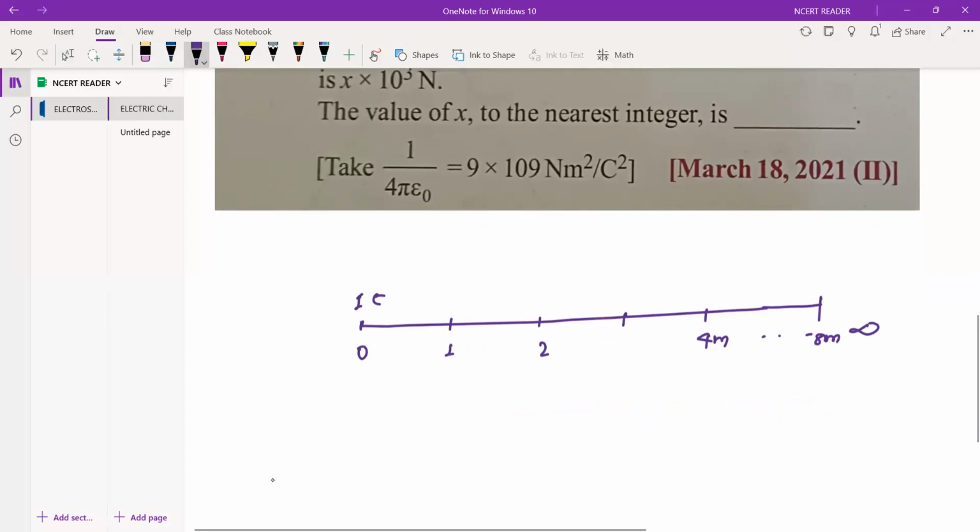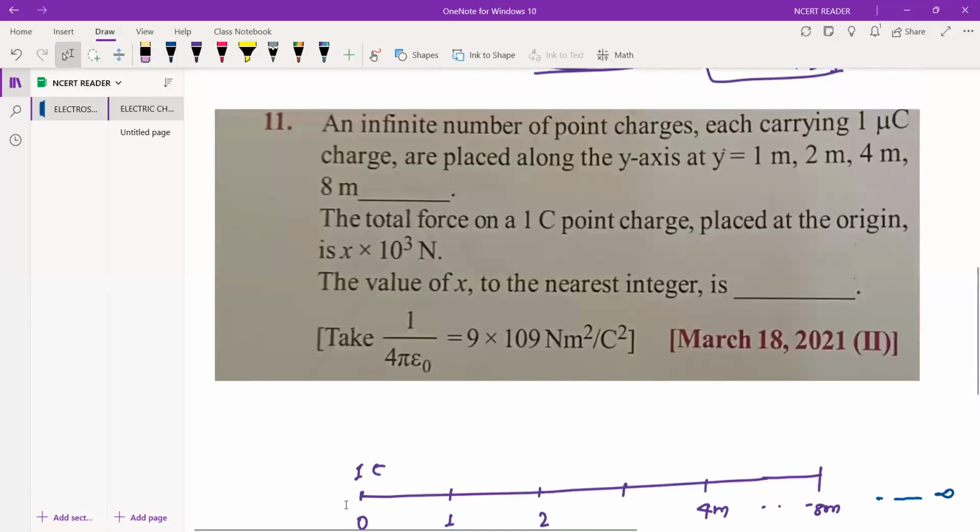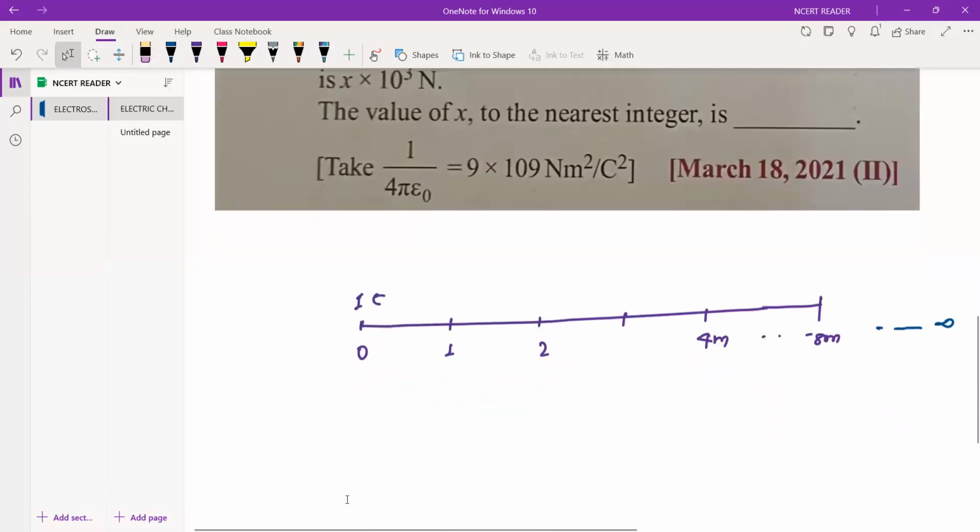So you can see here that if I find the force between the charges placed here up to infinity, the charges placed at 1, 2, 4, 8 meter, likewise, are each 1 microcoulomb, and another charge of 1 coulomb is placed at the origin. So here it is 1 microcoulomb, here also 1 microcoulomb, here also 1 microcoulomb.